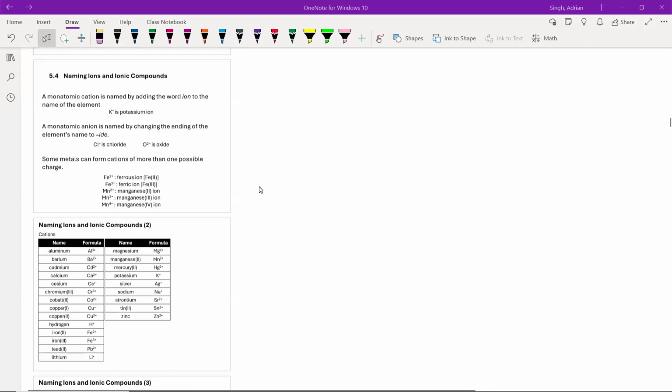All right, so now we're going to take a look at a general concept in chemistry that we refer to as nomenclature. When you hear the term nomenclature, you'll see this in several places. This just means naming substances.